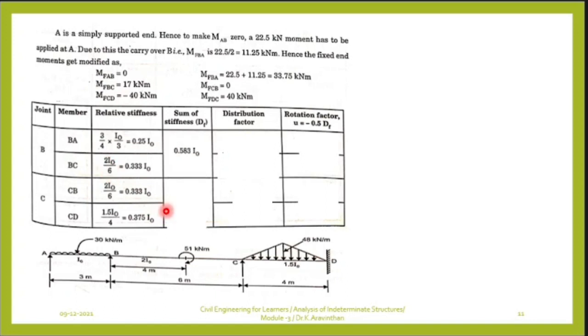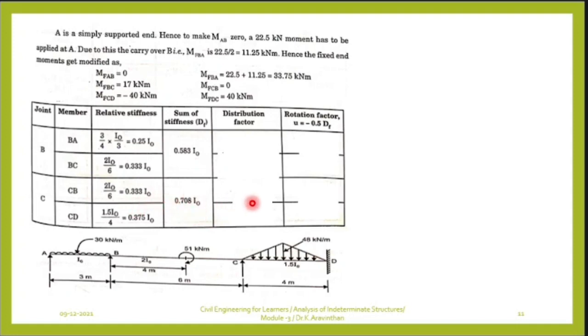Sum of stiffness is 0.583. If you add 0.25 plus 0.33, you will be getting 0.58, and if you add 0.333 and 0.375, what is your answer? 0.708 I.